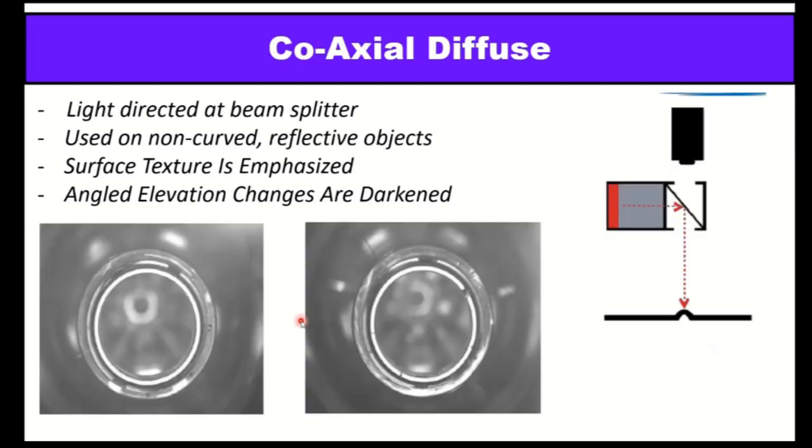Another example is coaxial diffuse. In this example, glass materials are there. Either you want to measure level, or you want to inspect various cracks or any other parts. In this case, a beam splitter can be used, angle of elevation can be used, like discussed in the last slide.